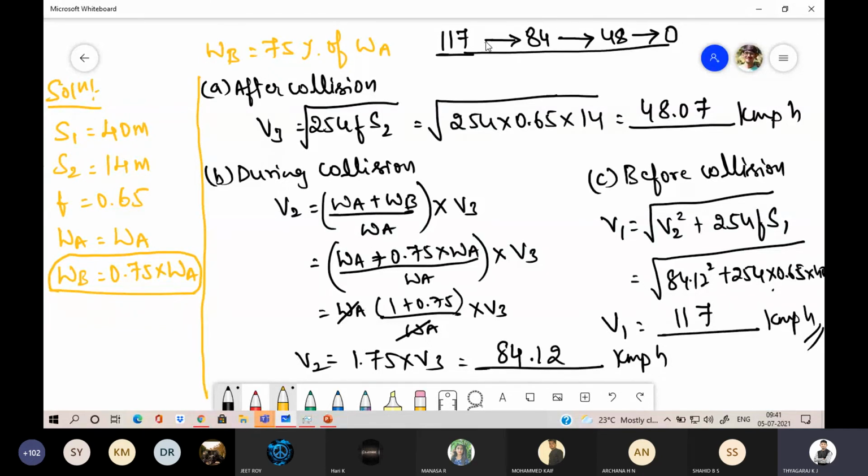When it collides with vehicle B, the speed is reduced to 84. Again, after collision, it moves with the parked vehicle at a speed of 48 kmph, and at last it comes to a halt, that is 0 kmph. This is V1, this is V2, this is V3, V4, that is 0.